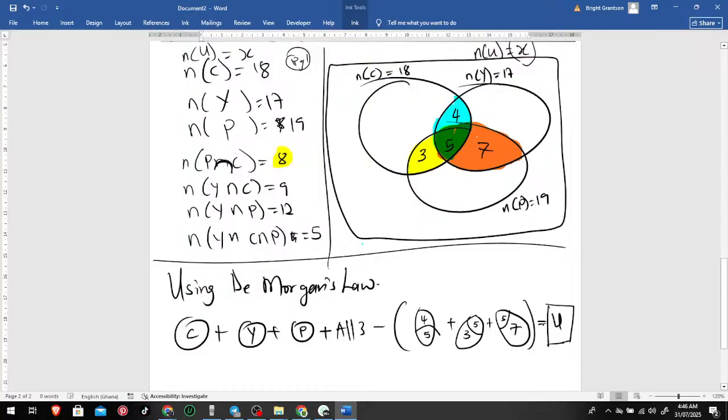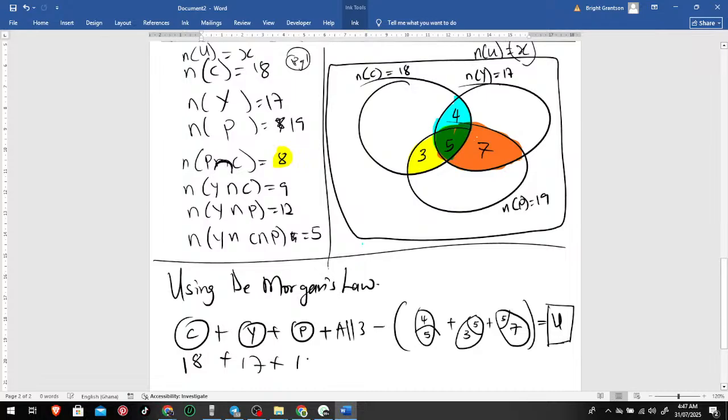Yes, sir. So complete the elements. What is C? C is 18. What is Y? Y is 17. What is P?